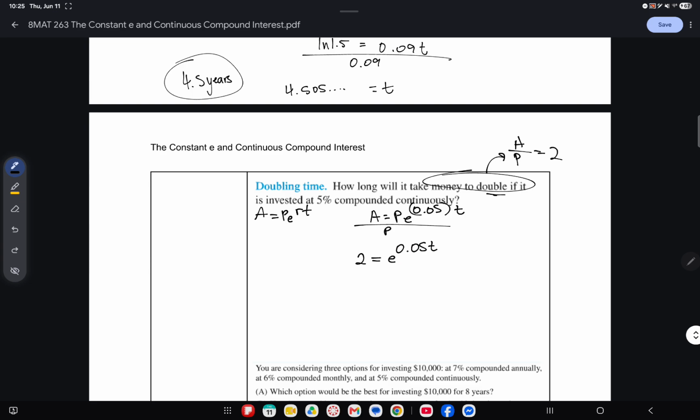And then it's the same steps as before. Take the natural log of both sides so that I can bring that exponent out. And the natural log in e, remember, is 1. And then I can divide both sides by that 0.05. And I'll just round the decimal, so 13.86 or 13.9 years.